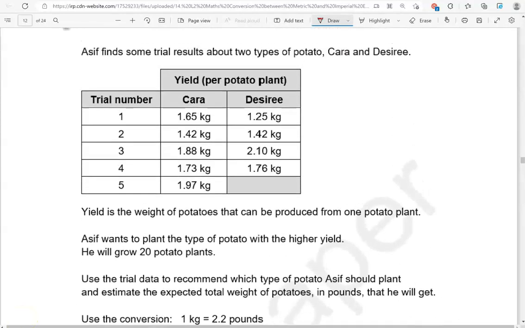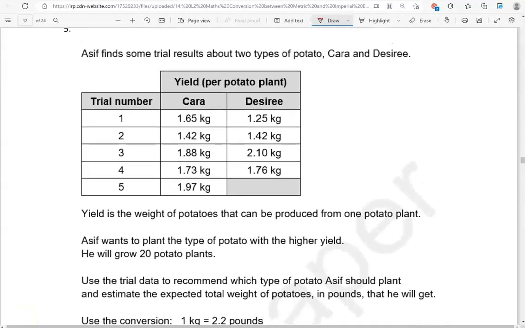So we've got trial numbers, yield for the two types. We've got different weights for different trial numbers. So what we need to do is work out the mean, the average for each type. So for Kara, we'll add these and divide by 5. And for Desiree, we're going to add these and divide by 4.